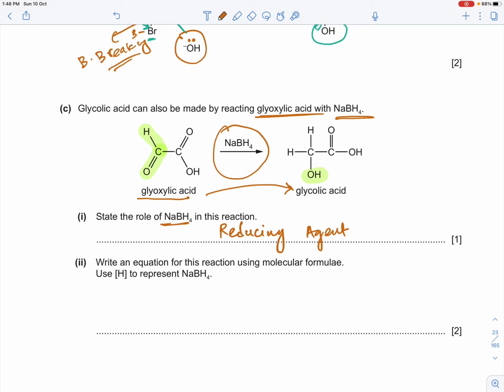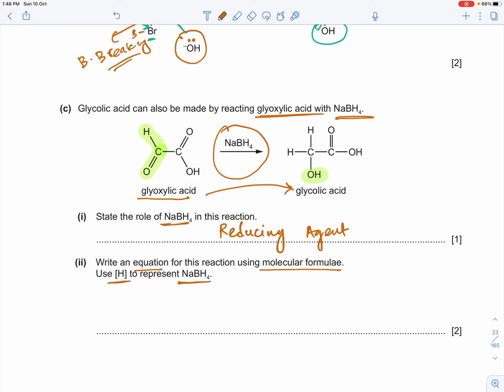Now the next part is write an equation for this reaction using molecular formulae. Use atomic hydrogen to represent NaBH4. In organic reactions, mostly oxidation and reduction, we write the equations in terms of atomic oxygen or atomic hydrogen. So here we also have to write the equation in atomic hydrogen form. First let's write the molecular formula of glyoxylic acid.